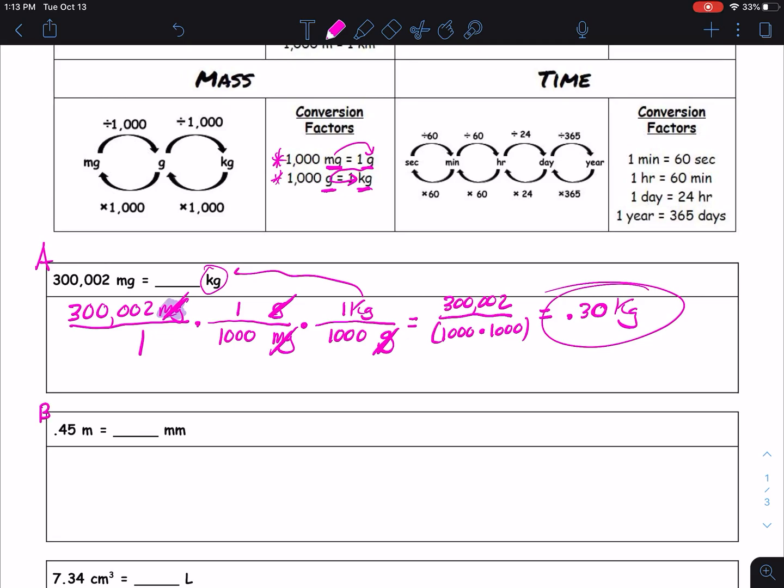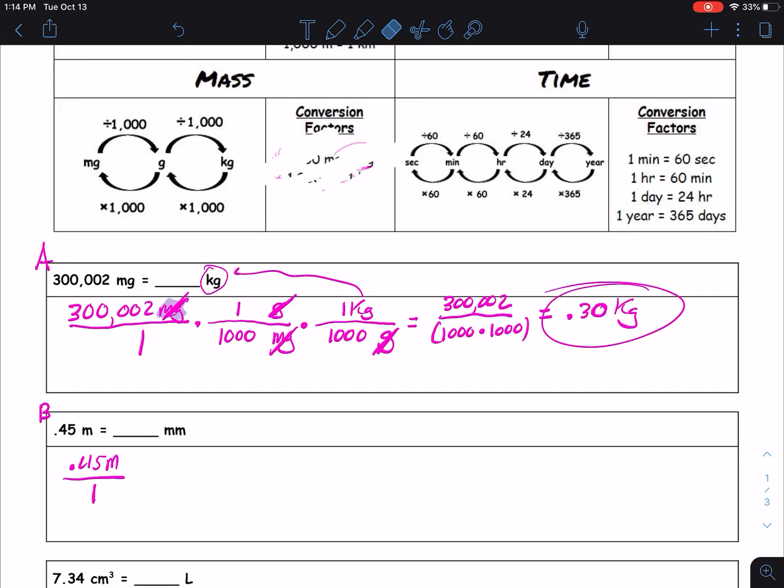At this time, please go through and try to solve B. So with B, we're going to start with what we know. We know we have 0.45 meters. We want to go to millimeters.